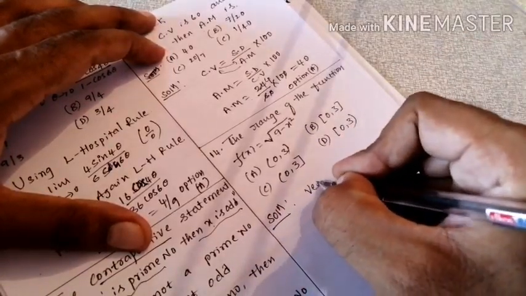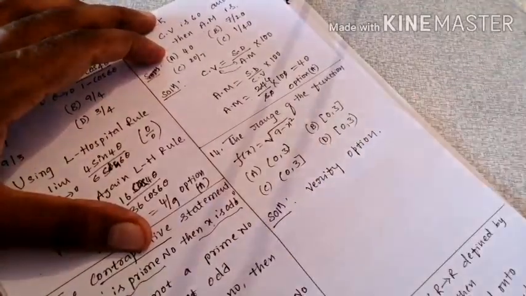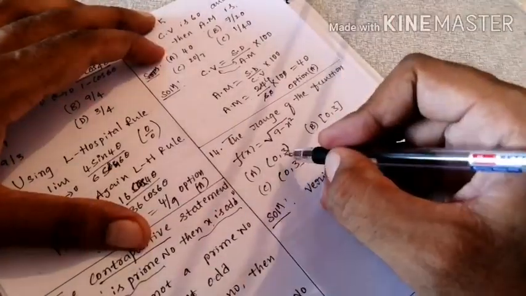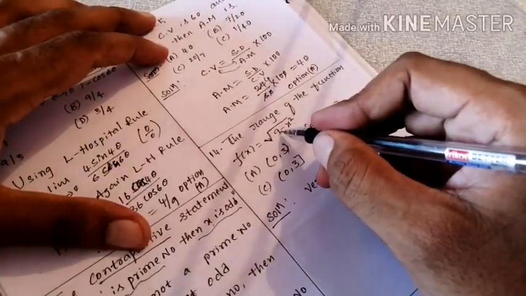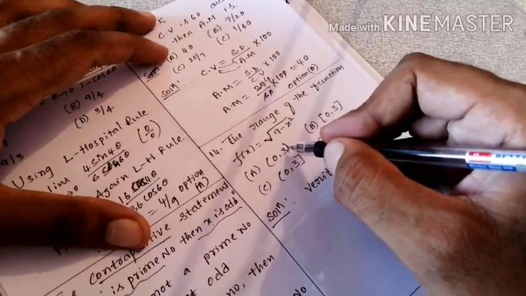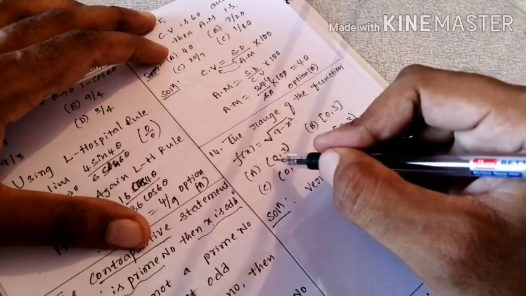How to verify? I'm telling in words. Okay, 0 to 3. If I put 0 here, 9, okay, it is good. If I put 1, 8, good. If I put any number from 0 to 3, everything is good, including 0.